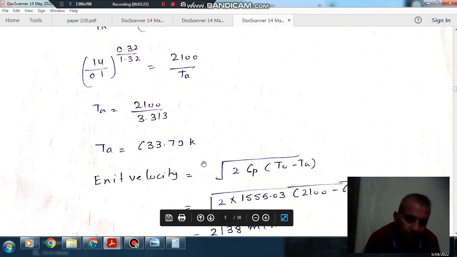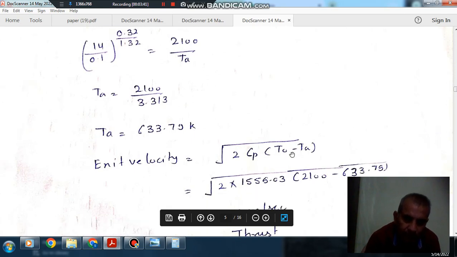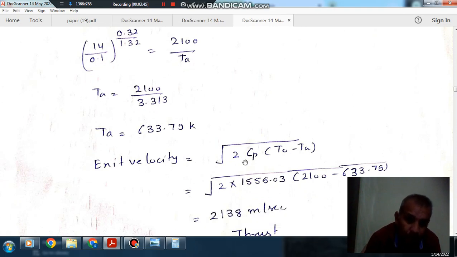The exit velocity can be found from the change in enthalpy from the stagnation condition to the exit condition. So Cp times T naught minus Ta is the change in enthalpy, which equals V square by 2.